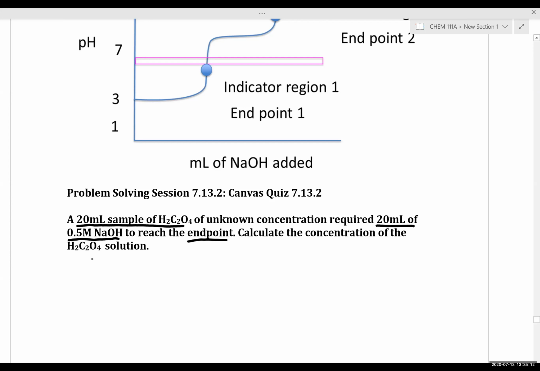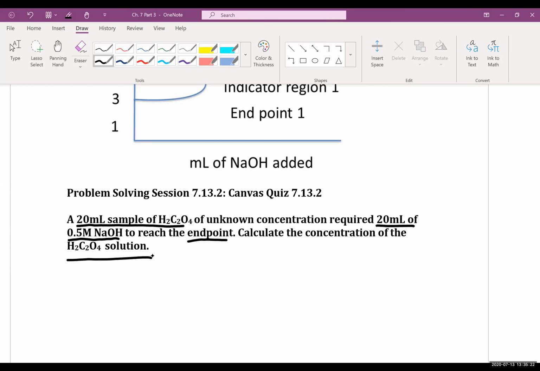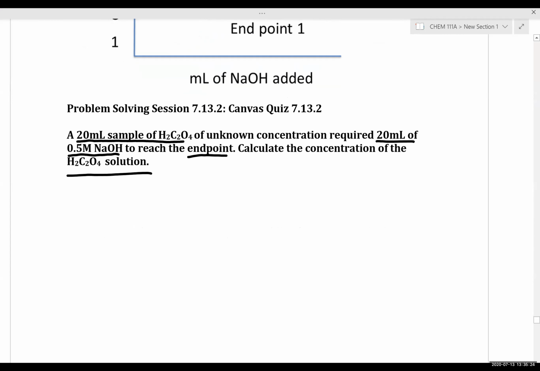I'd like you to calculate the concentration of the oxalic acid solution. Let's take about 4 to 5 minutes to work through this example. Don't be shy to message your proposed responses for the concentration of the oxalic acid solution in the chat, and we'll discuss in about 4 minutes.